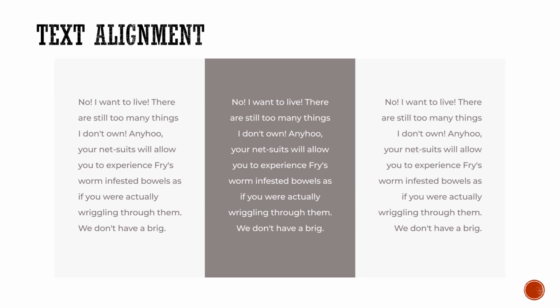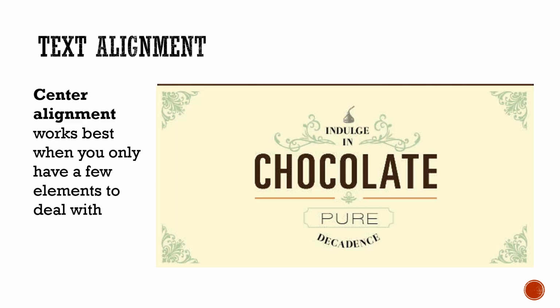So let's examine this a little closer. Center alignment works best when dealing with just a few short lines of text. You should never use it for full paragraphs because it makes it more difficult to read. The audience has no straight margin, so their eyes must move to a new position every time they need to start a new line.